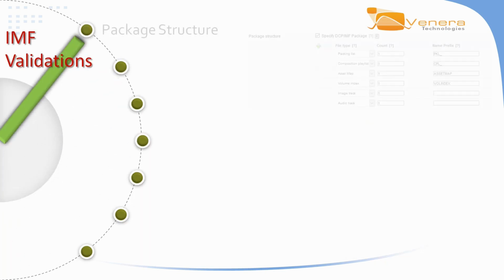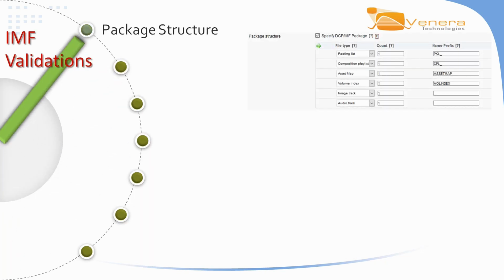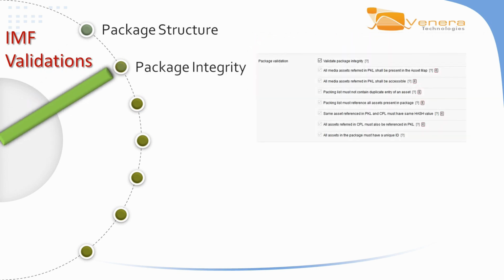The kind of validations that we can do in Pulsar, for example: we can check the package structure, making sure the appropriate number of components that the user expects are in the package. The user can define specifically how many elements are supposed to be in the package.